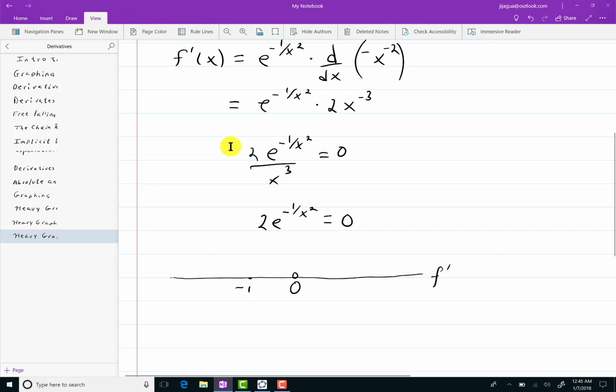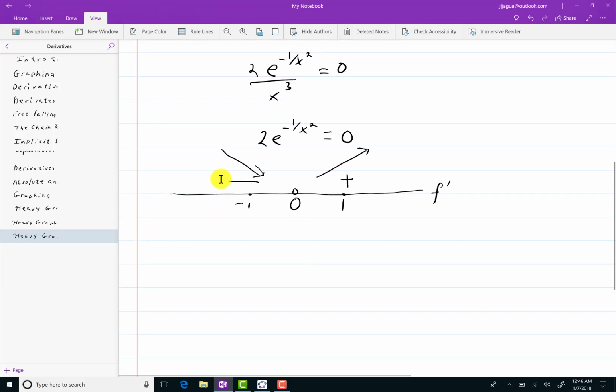So whether this thing is positive or negative will be determined by the denominator. So when x is negative, x cubed is also negative. So this is negative, decreasing before 0. If I pick a number over here, say 1, plug it in, I'll get a positive number divided by 1, which will be positive, so it's increasing.